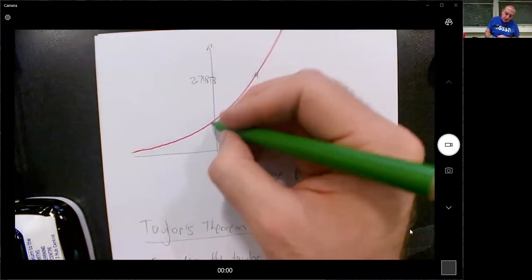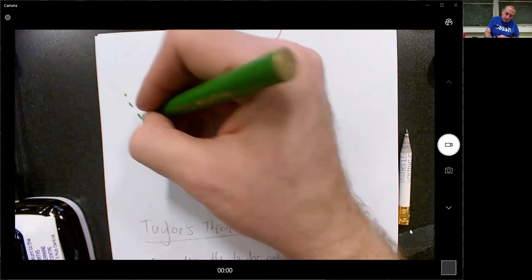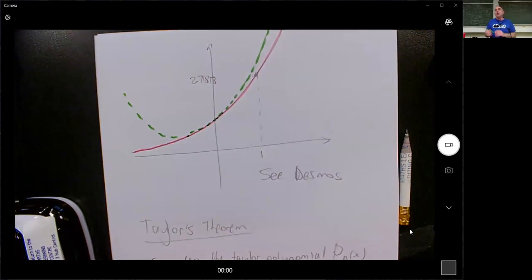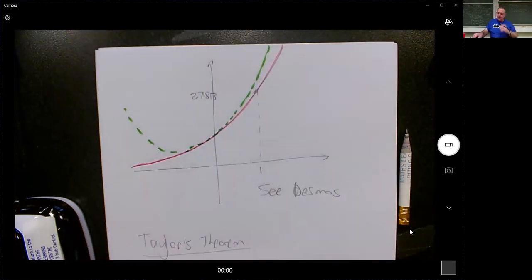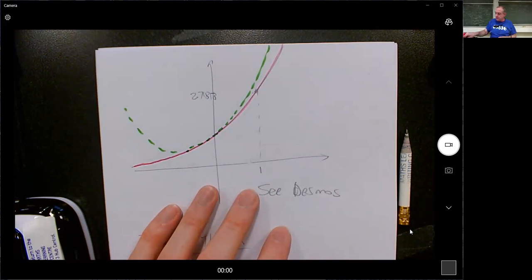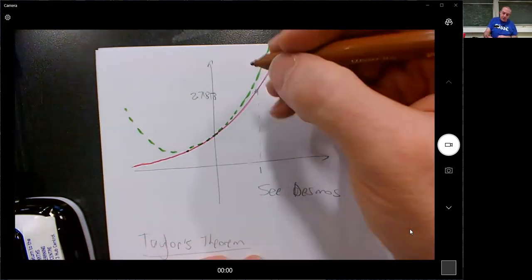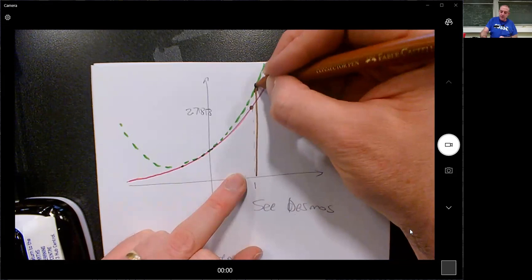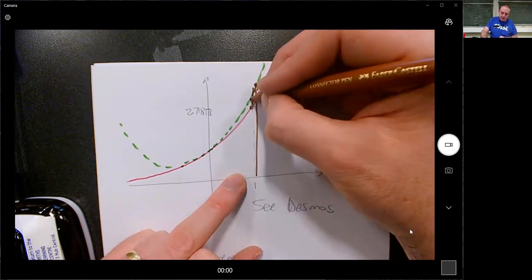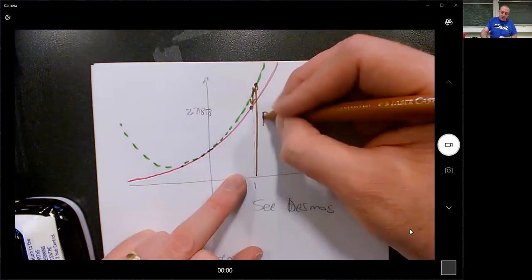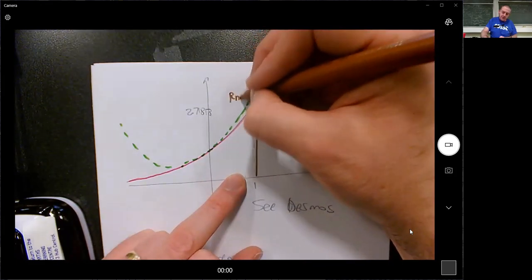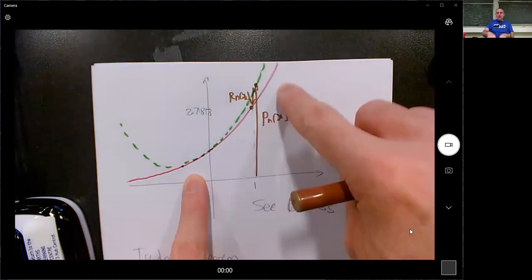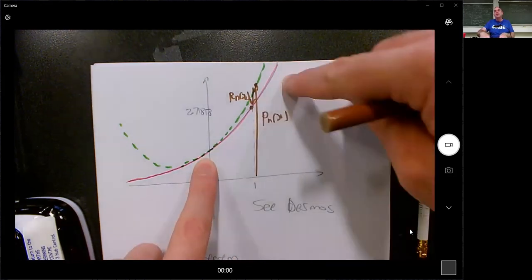And then the Taylor polynomial was like something like that, or whatever. It might have been below. That distance here, so to get to here, I have to go up to the Taylor polynomial and then down to the function. And so this is Pn of x, and this is Rn of x. And so in this case, the Rn is negative. But if my function was below, the Rn would be positive. If my Taylor polynomial was below the function, the Rn would be positive.